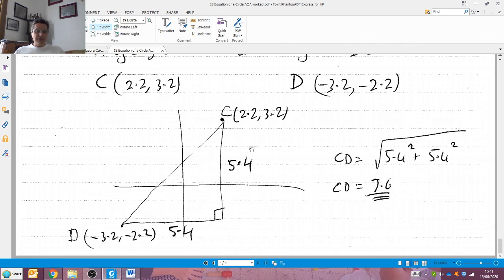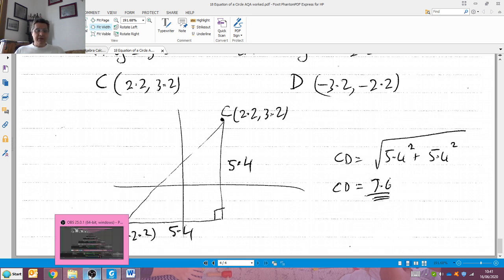You square the short side, you square the other short side, which happens to be the same length. Add them together and hit the square root button in one step. So to 1 decimal place, the length of line C to D, or D to C, is 7.6 units. And that, my friends, is how you get grade 9 in this topic.